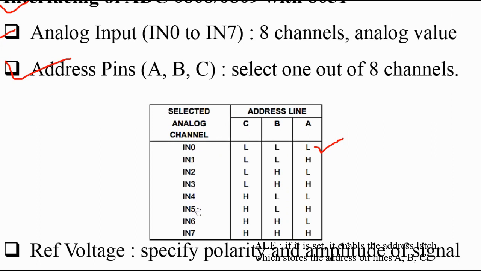In the same way, if the status of CBA is 101, then IN5 will get selected, and if all 3 bits of CBA are high, then IN7 will get selected.